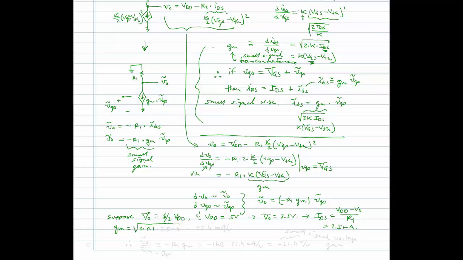2 times 0.1 times 2.5 milliamps. Okay, and that's equal to 22.4 milliamps per volt.